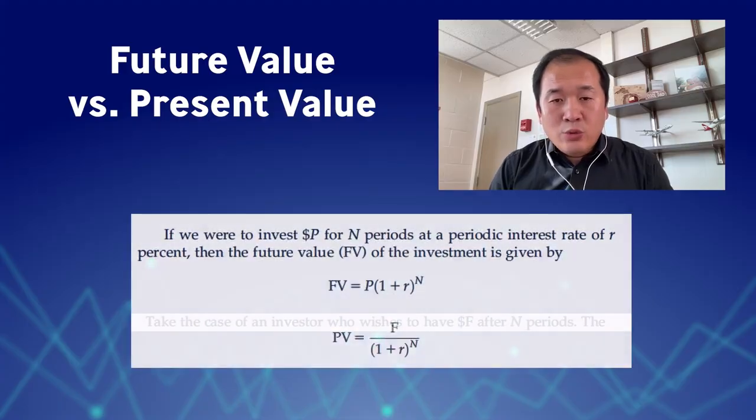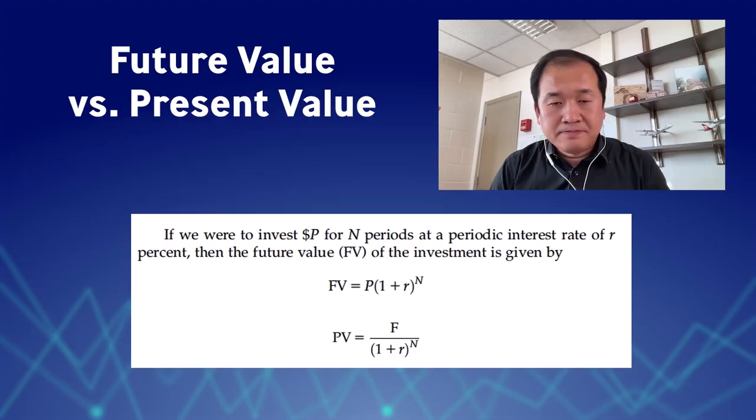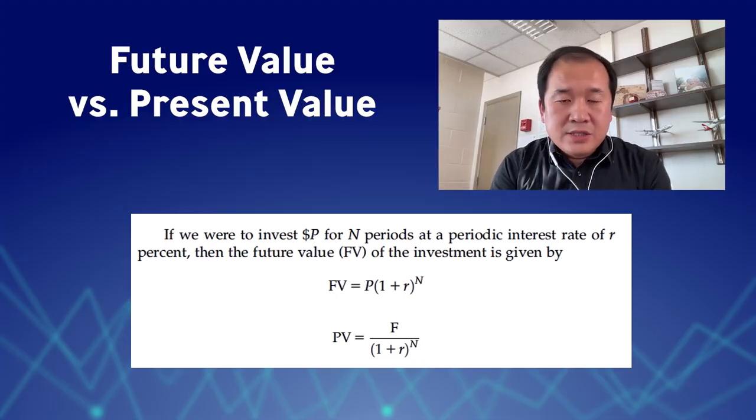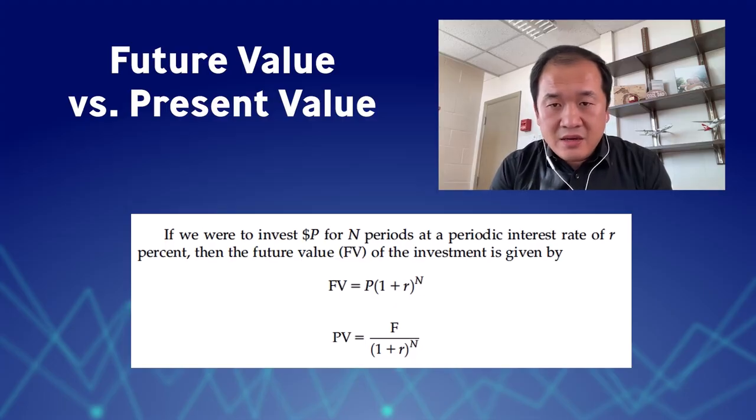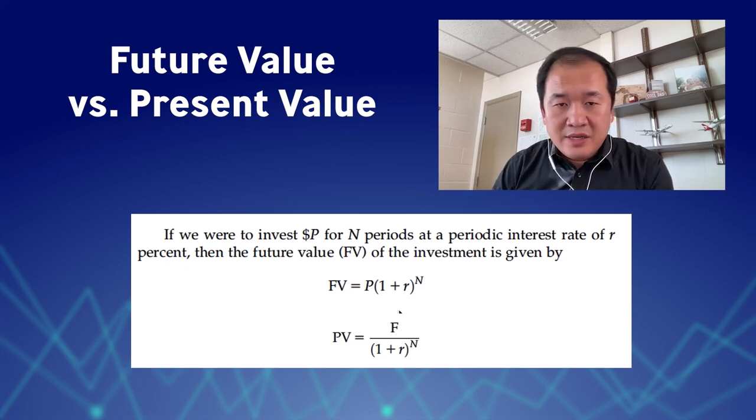So when we calculate investment returns, we need to factor in the time value. We need to convert between the present value and the future value of money, back and forth very often in finance. In this slide, if we invest P for N periods at a periodic interest rate of R%, then the future value of the investment can be calculated this way.